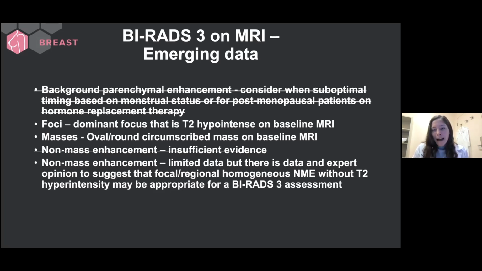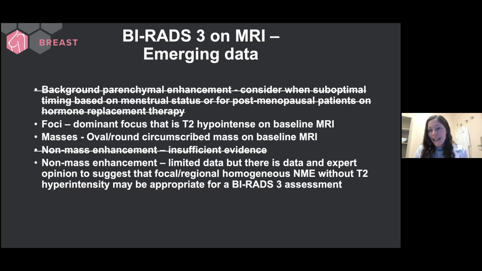Non-mass enhancement continues to be a really challenging topic. There's very limited data on this, but there are some small studies and some expert opinion that suggests that focal regional homogeneous non-mass enhancement without associated T2 hyperintensity may be appropriate for a BI-RADS 3 assessment.